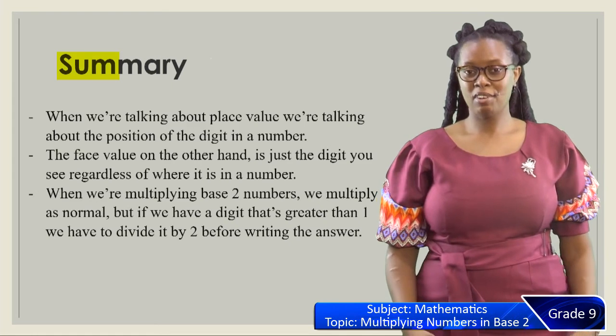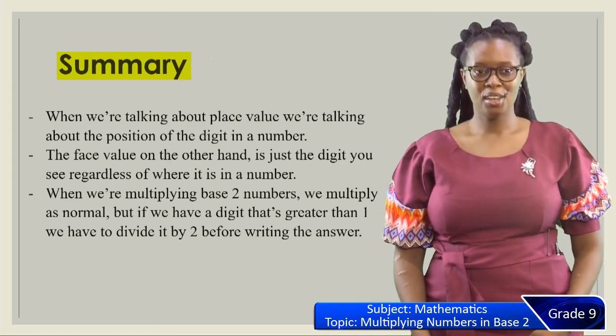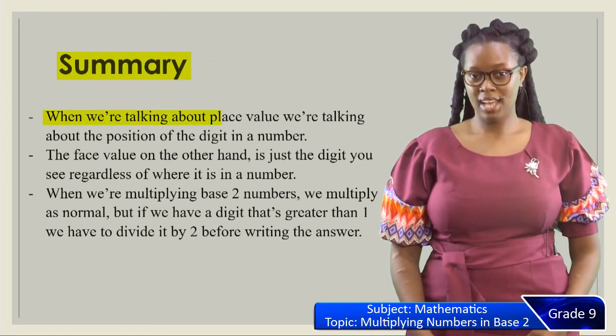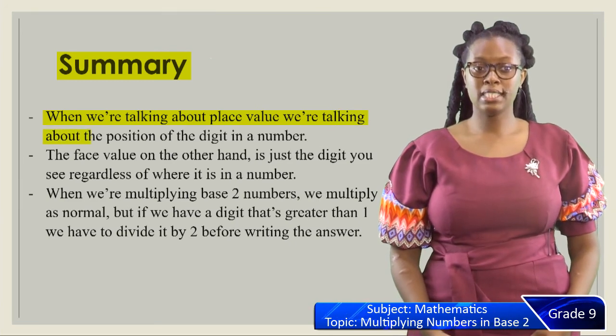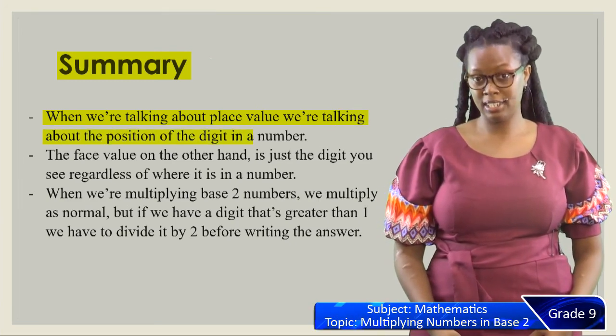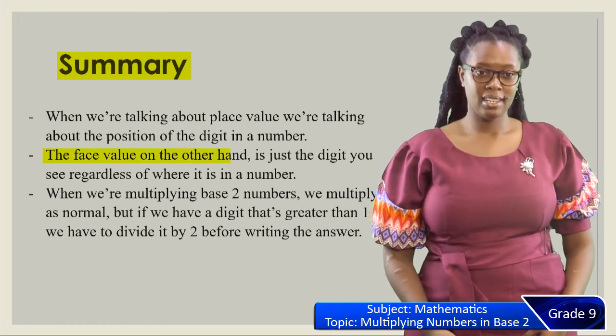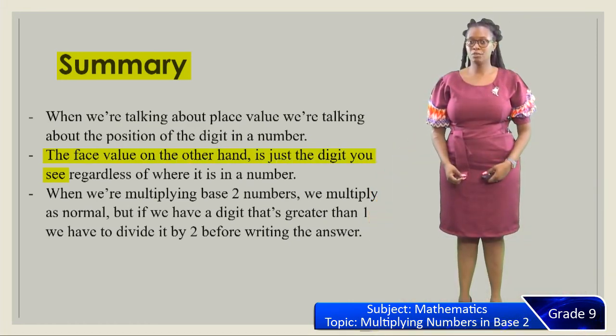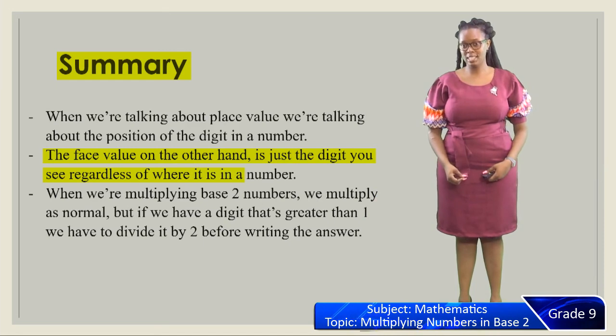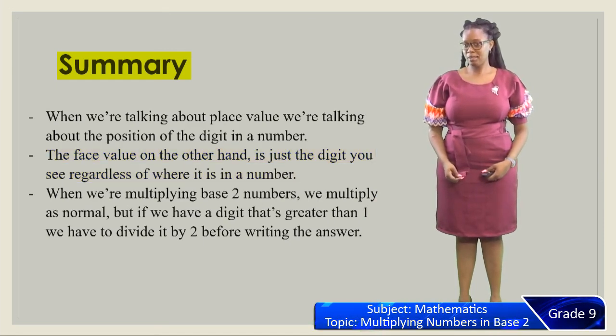So, to summarize all that we have learned today, when we're talking about place value, we're talking about the position of the digit in a particular number. The face value, on the other hand, is just the digit you see regardless of where it is in a number. So for example, if we have 150, the place value would be 100, 50, and 0, no ones.